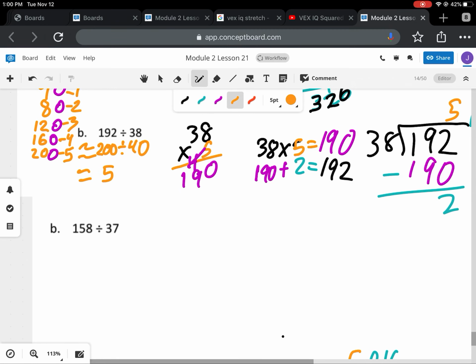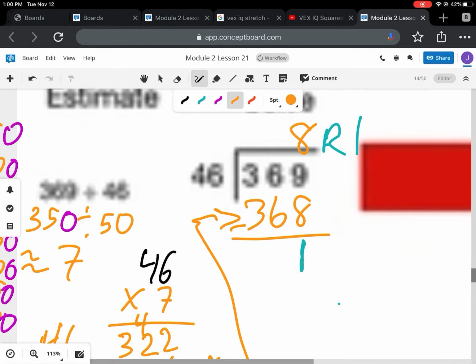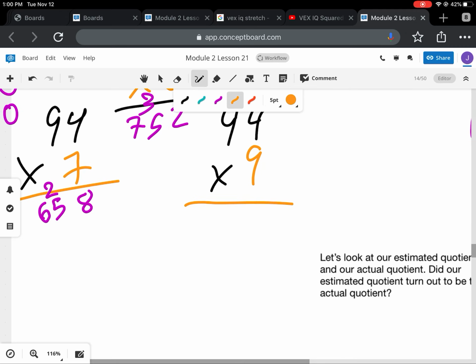I'll show you the example from today that we did, where we had to take a second look. Here it is.